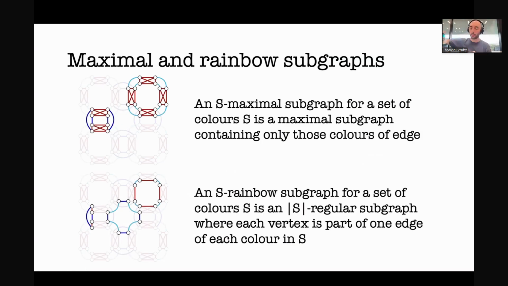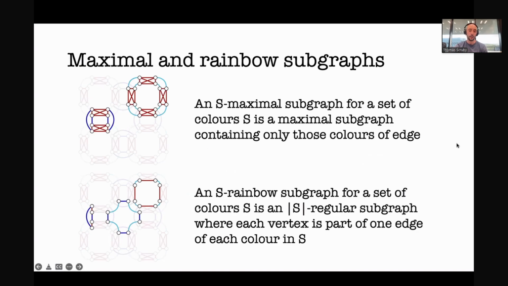The first one is what I'm going to call a maximal subgraph. And this is what we looked at before, what we were implicitly talking about, which is I pick some subset of colors, and then I find some maximal subgraph of the whole graph that contains only those colors. So this would be a maximal light blue red subgraph, and this would be a maximal dark blue red subgraph.